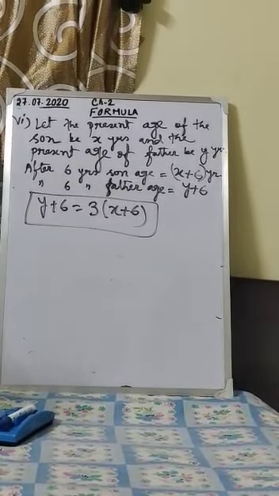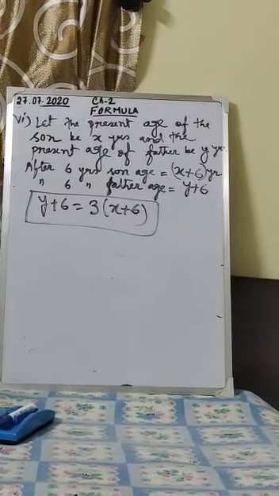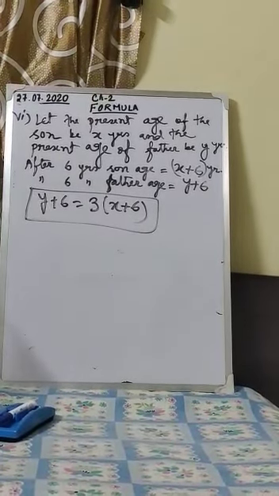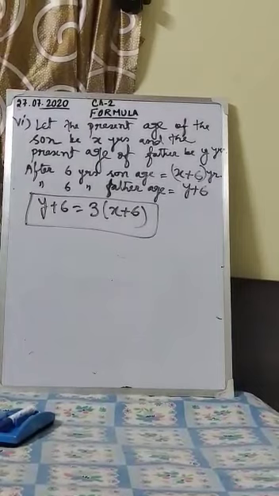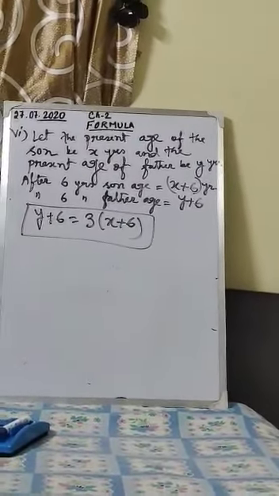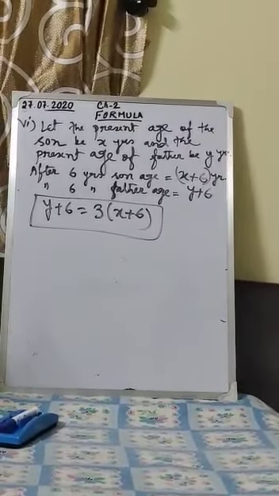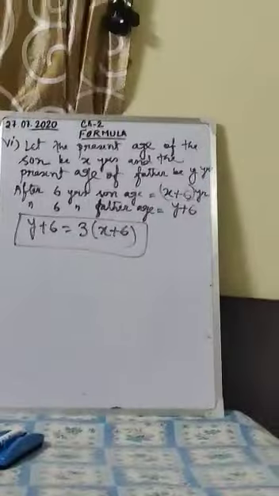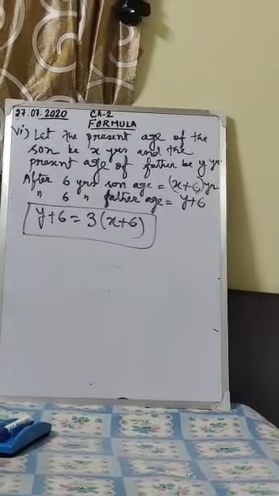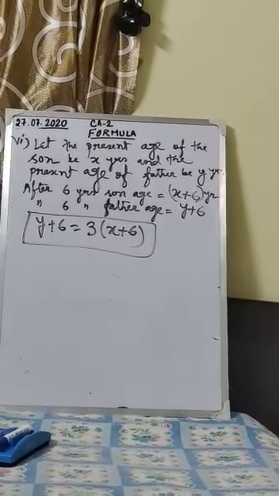In case of odd numbers, suppose the first number is 3. The next number will be 5, so you can add 2. After 5 what will be your next odd number? 7. That means you add 2 more. So first number is 3, then you add 4 to get 7.